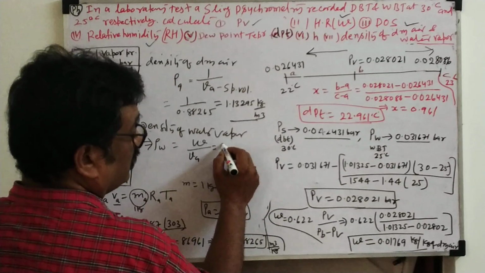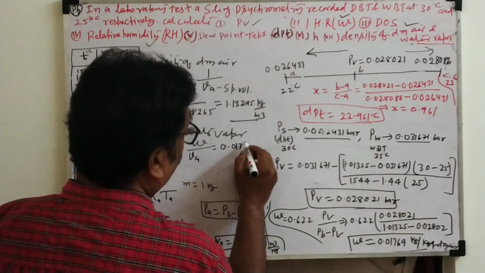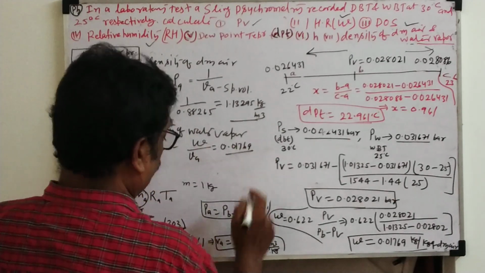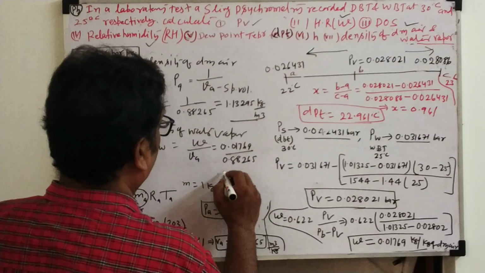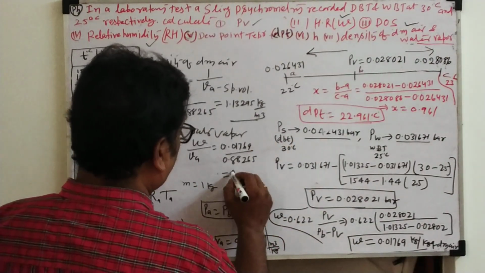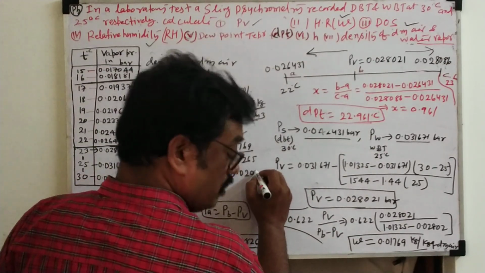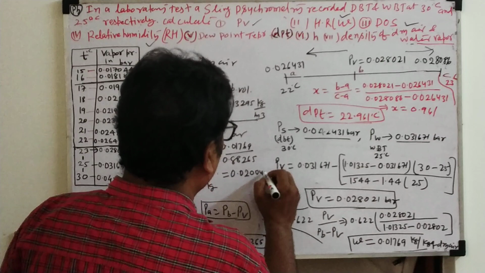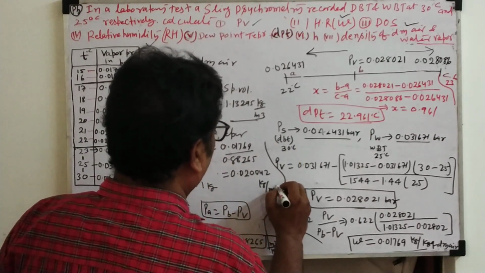So how much is this value? 0.01769 divided by our specific volume 0.88265. This value you will get 0.02 kg per meter cube.